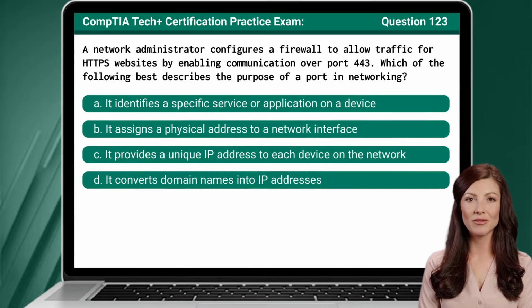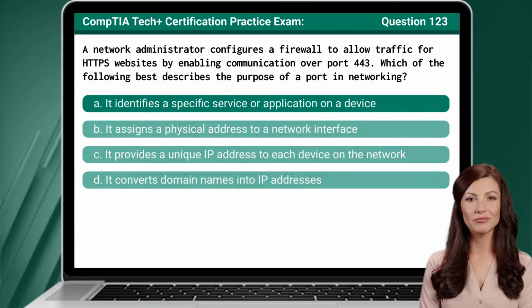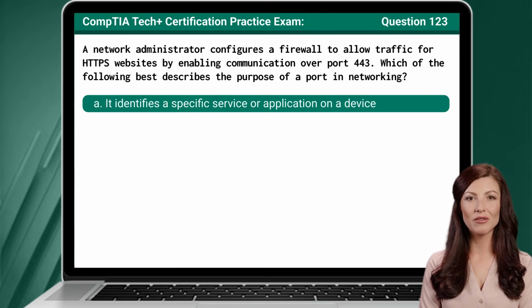Question 123. A network administrator configures a firewall to allow traffic for HTTPS websites by enabling communication over port 443. Which of the following best describes the purpose of a port in networking? The answer is A. It identifies a specific service or application on a device.